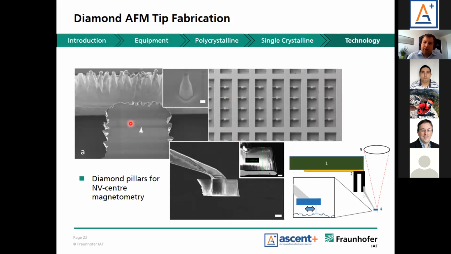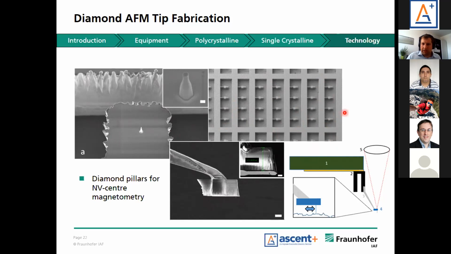There you have these pillar shapes, as we've seen before, that we've already also overgrown. And in this pillar, there's a single NV center integrated that acts as a sensor for the magnetic field. And by rastering this over the surface, you can detect very small magnetic fields at a very high lateral resolution. So this is one approach where we are doing standard etching from the top.